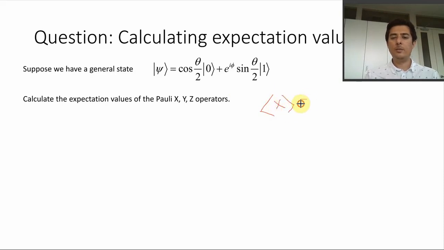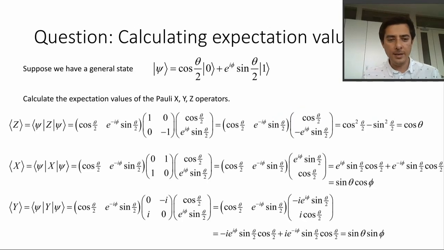For example, X is the state multiplied by the operator multiplied by the state. That's the exercise, and the answer is here.